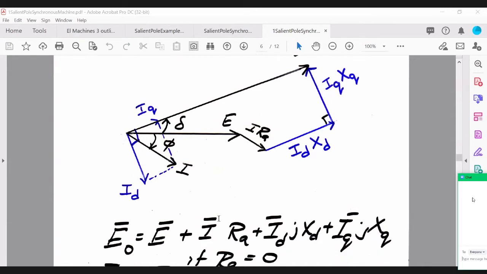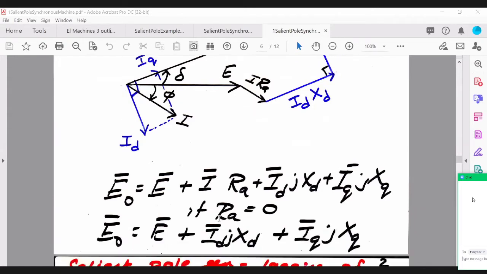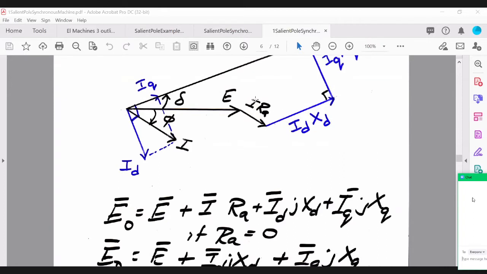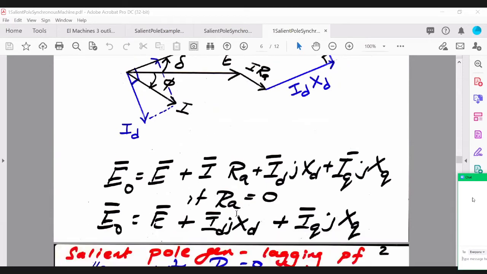Also, if we ignore the armature resistance, so RA is 0, that component falls out and you end up with E naught equal to E plus IDjXD plus IQjXQ. That is your equation for the salient pole generator.